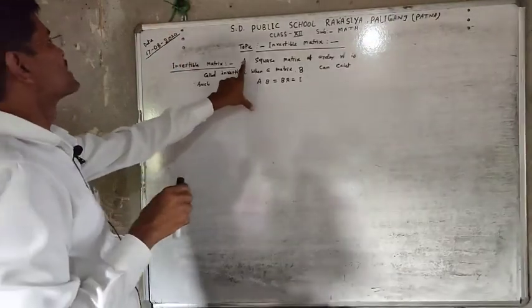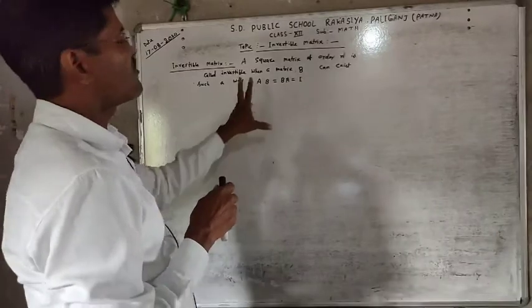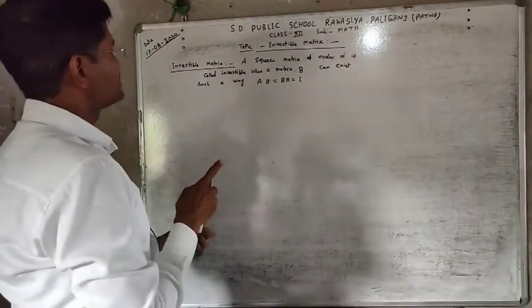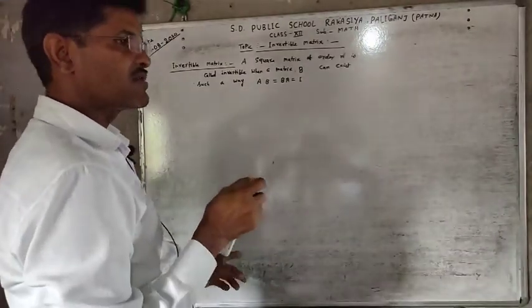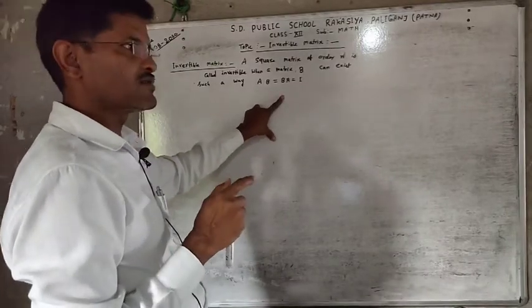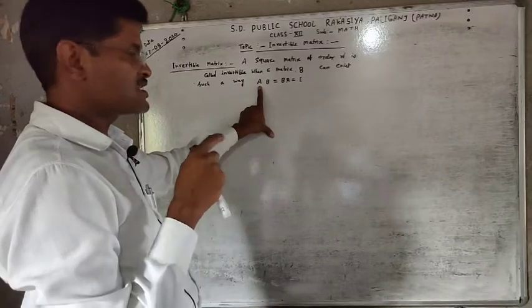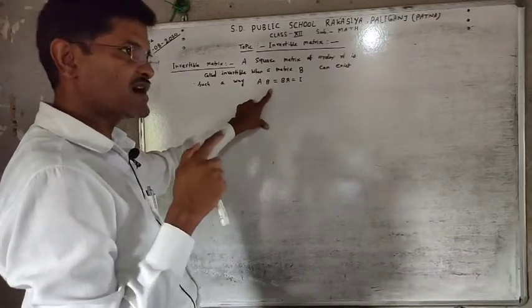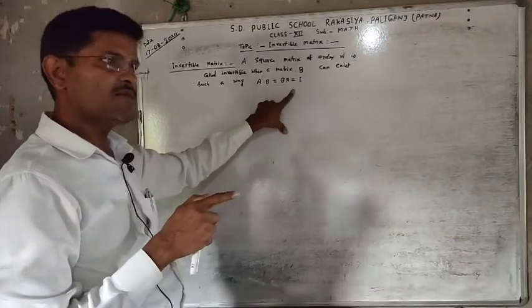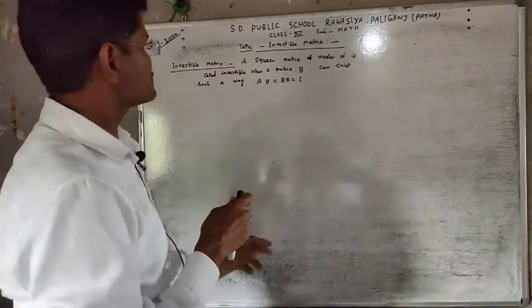Suppose A is a square matrix of order 2 by 2, then its inverse matrix will also be of order 2 by 2. If we multiply the matrix A with its inverse, we get the identity matrix.